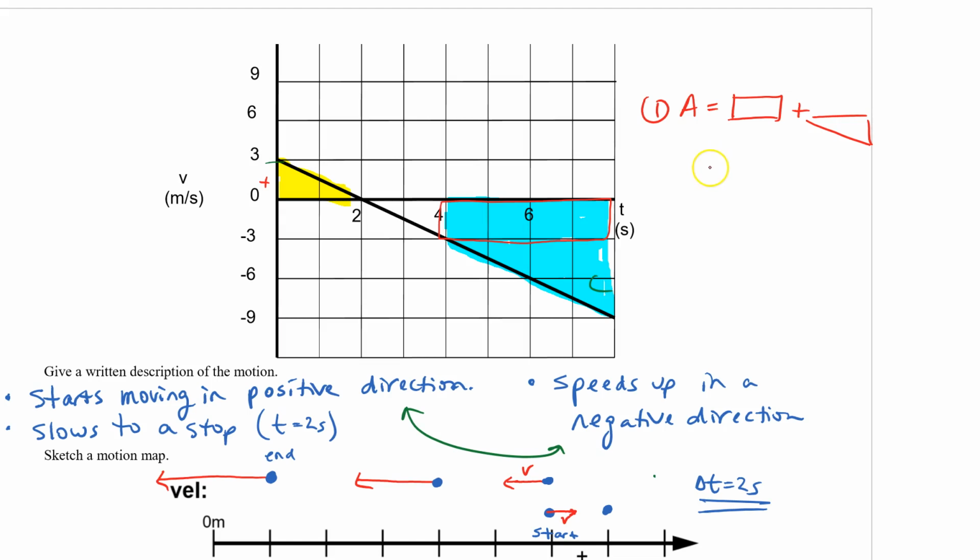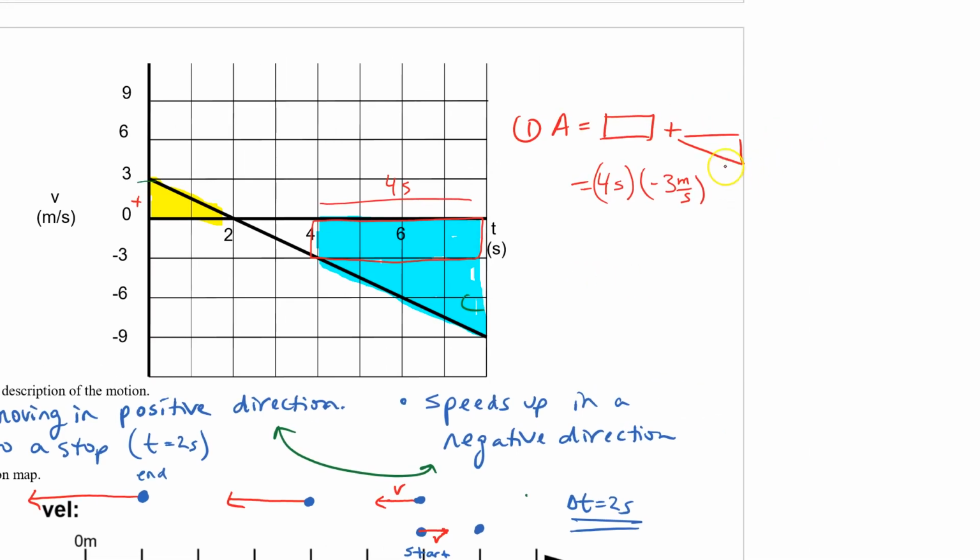So the area of the rectangle: this goes from 4 to 8, so this distance here is 4 seconds, times minus 3 meters per second. One thing we'll notice is that this area, the blue area altogether, is going to be negative displacement because they're moving in a negative direction.